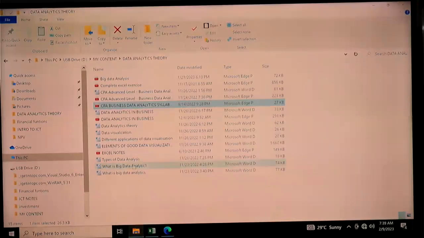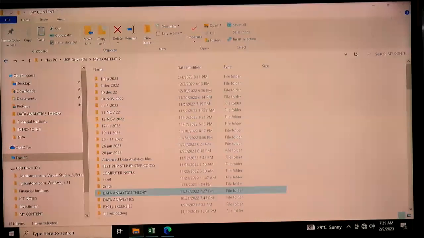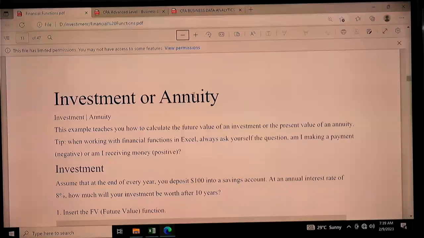What do we specifically mean by investment? Some of the functions that we use under the investment. This is now different from the loan, because with the loan, you are taking the loan, then you are given the rate and the amount you are supposed to pay for the loan.